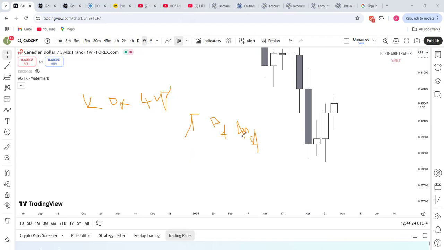So it's just that same logic. So if we look into that, looking at card CHF as a case study, right?